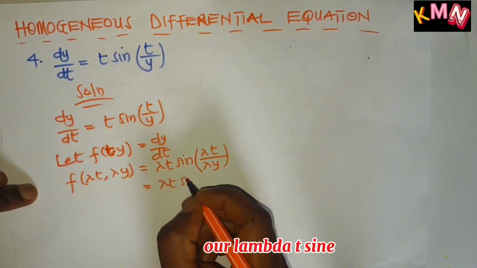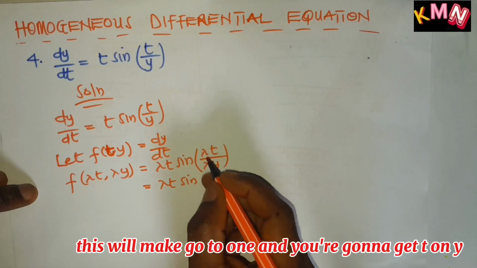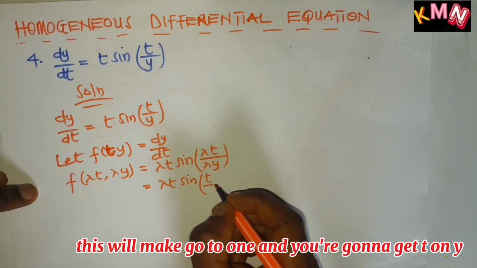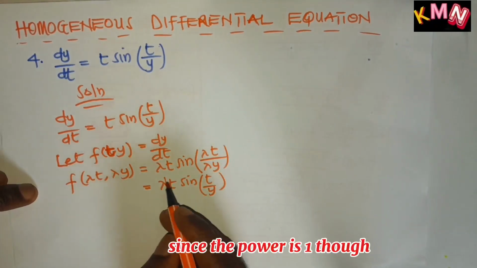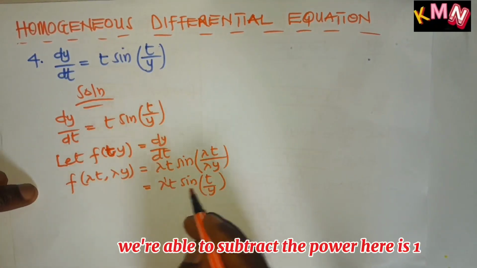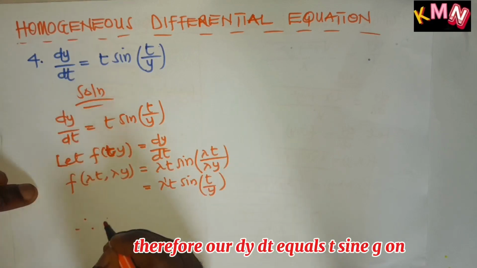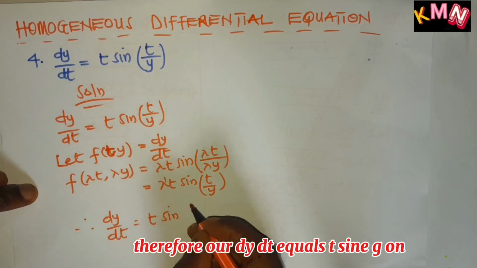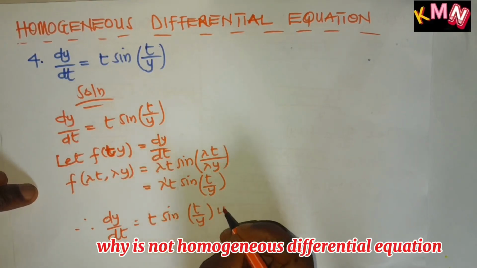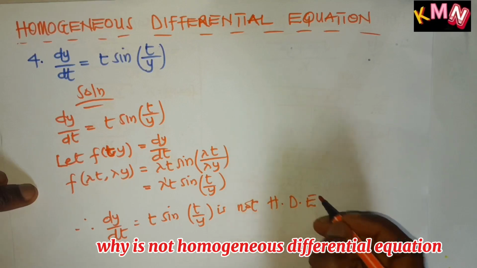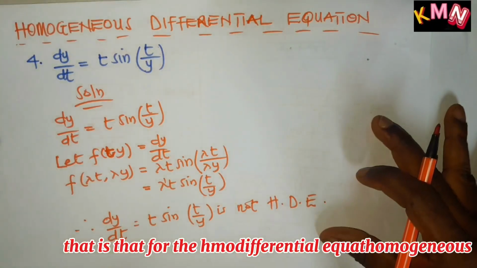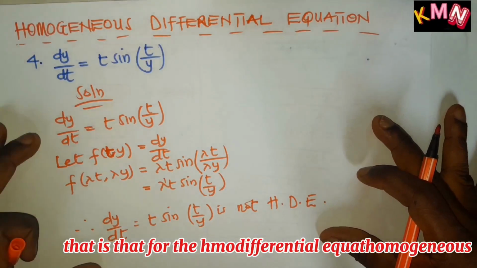The lambda inside the sine cancels, so we are going to get t sine t on y. But here the power is 1. Since the power is 1, though we're able to factorize, the degree here is 1. Therefore, our dy dt equals t sine t on y is not a homogeneous differential equation.